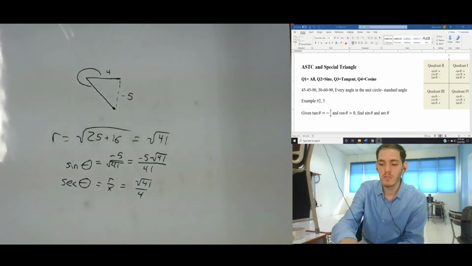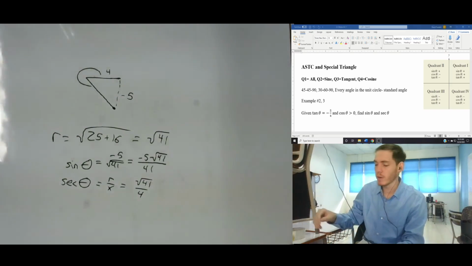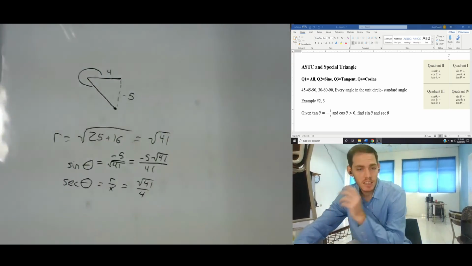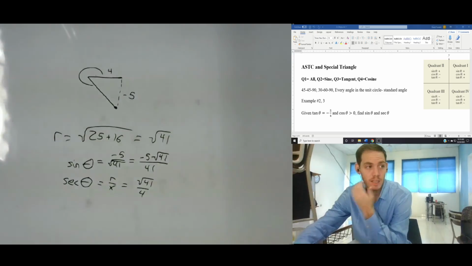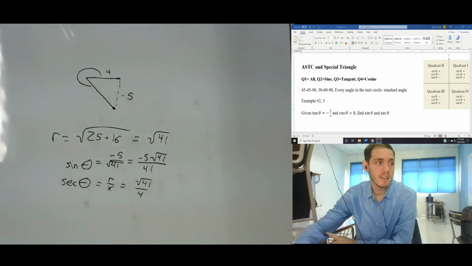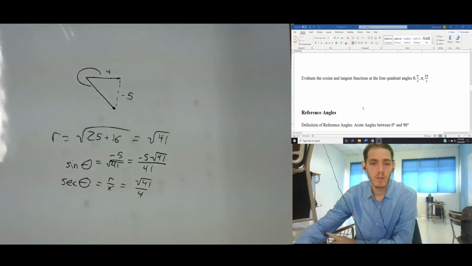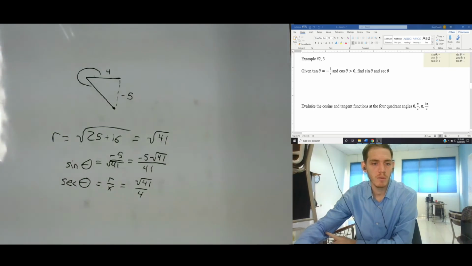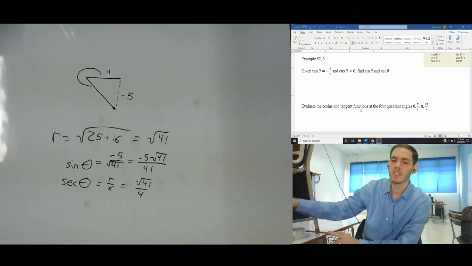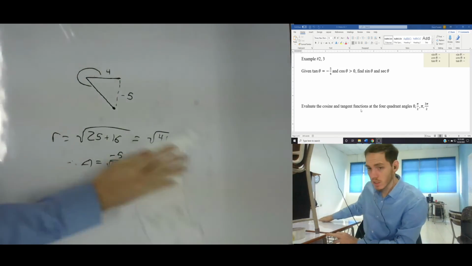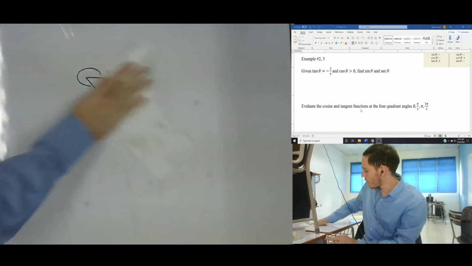The first step, we needed to find what quadrant it was in. Second step, we draw our triangle. Third step, we solve. That should be it for now. There's a second part, which is evaluating cosine and tangent functions for the quadrantal angles 0, pi over 2, pi, and 3 pi over 2. You can do that on your own. I will start with reference angles next video.